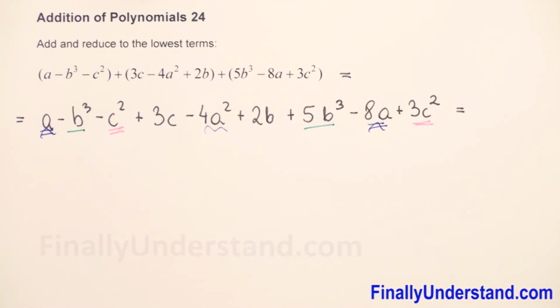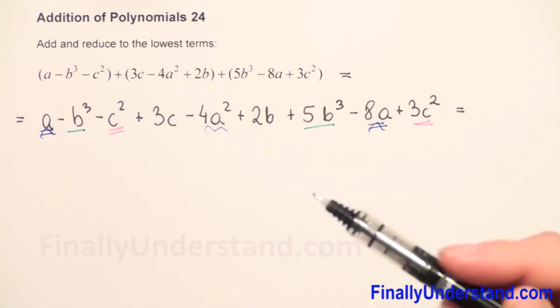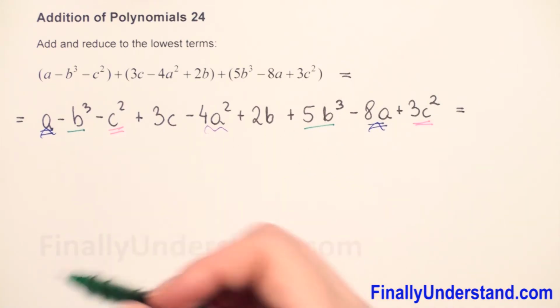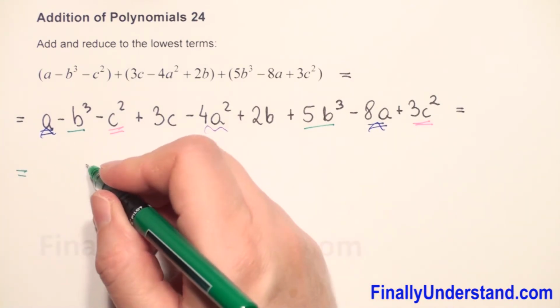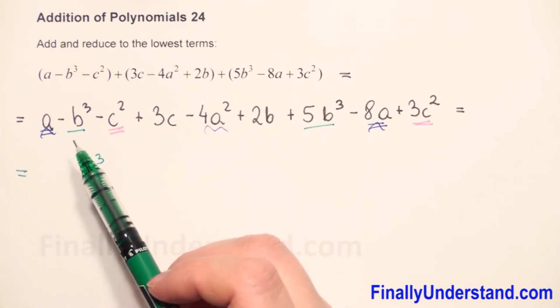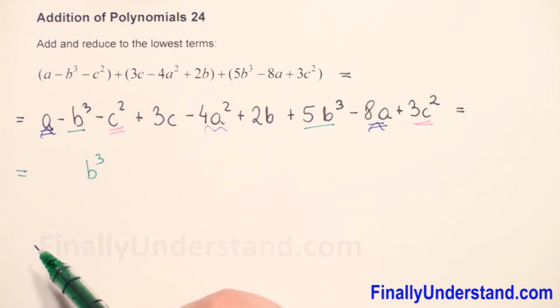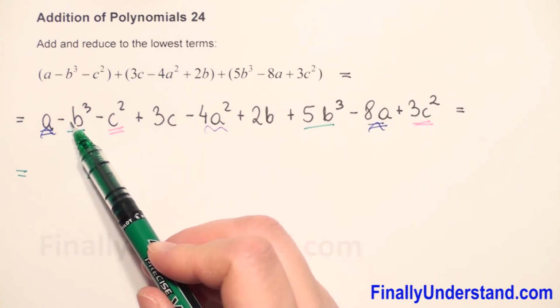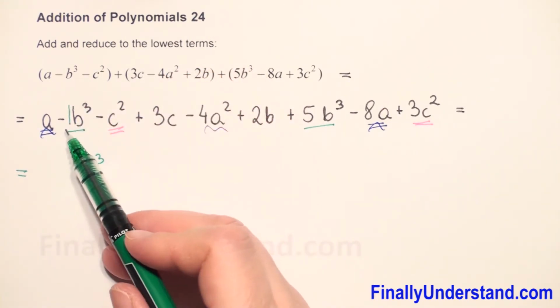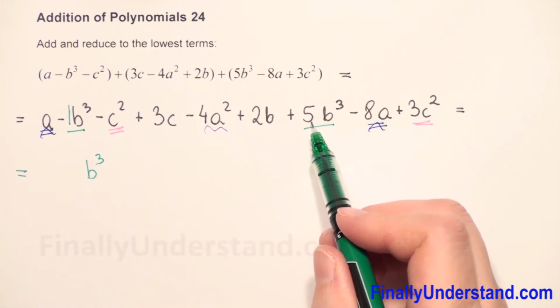So let's start from the highest power. We have b cubed and b cubed, so we copy the variable with the power, and we just add the coefficients before the variable. We have here an invisible 1, so we have negative 1 and positive 5.